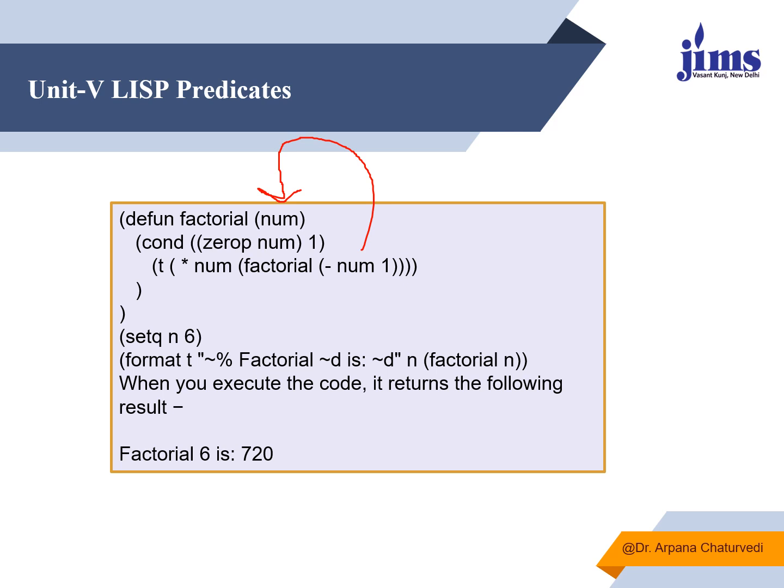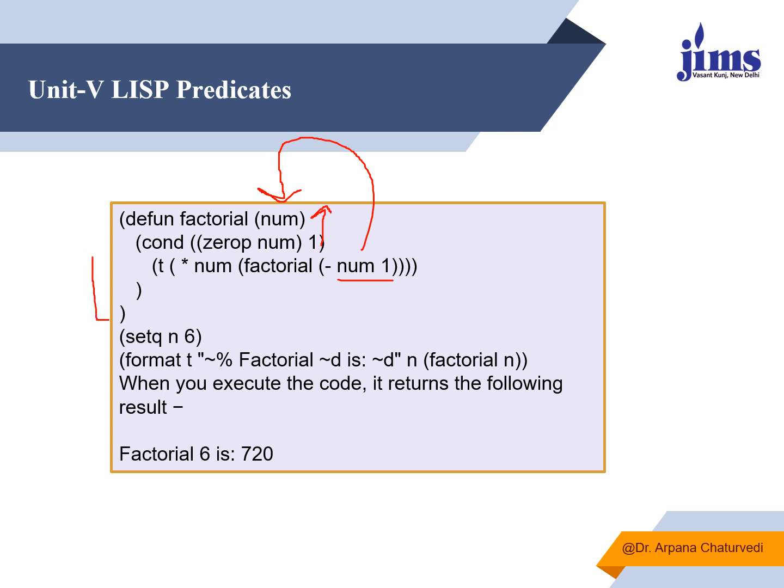This cond is a construct which will check whether this num value is 0 or not. If it is 0, it will return 1, and otherwise it will keep on calling itself again and again, finding a product by multiplying num with the return value of fact num minus 1. This will subtract 1 from num again and again till it becomes 0.